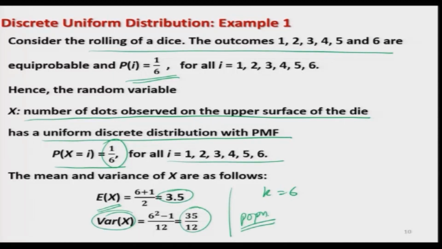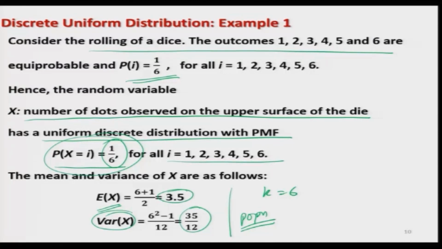That means if you repeat the experiment a large number of times, then on average the mean and variance will come out close to 3.5 and 35 by 12. And you also know the meaning of the probability of x equal to i being 1 upon 6, which we have done many times.